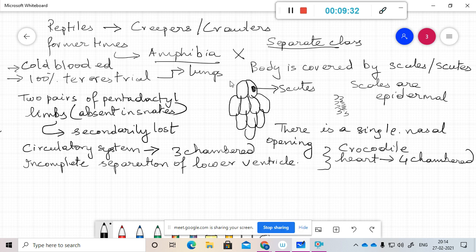Then one question comes, there is a hole in the ventricle. Any idea what is that hole?